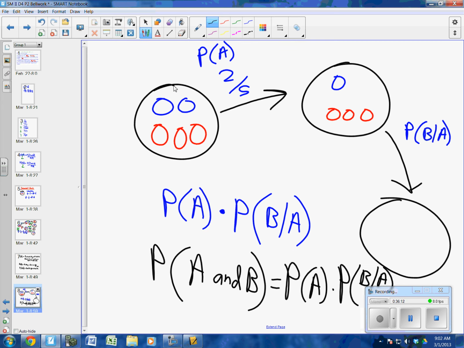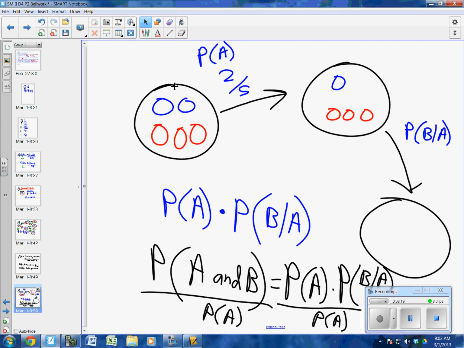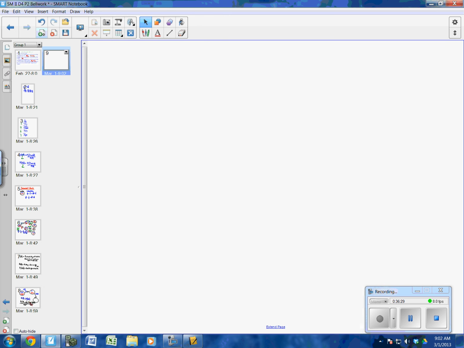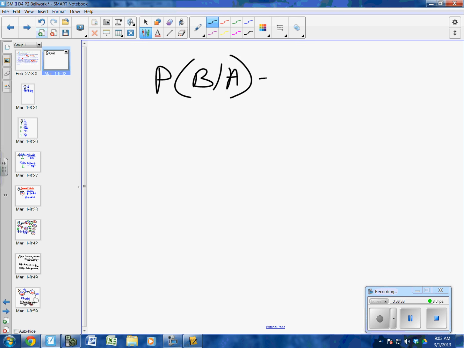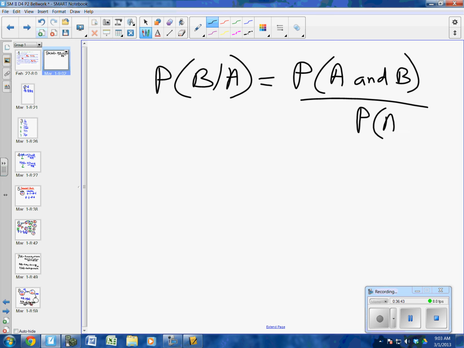So if we divide both sides of this by P of A, we get the formula that I gave you the very first class. The probability of B given A is equal to the probability of A and B divided by the probability of A. Okay?